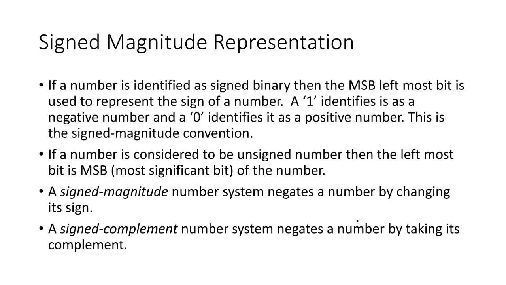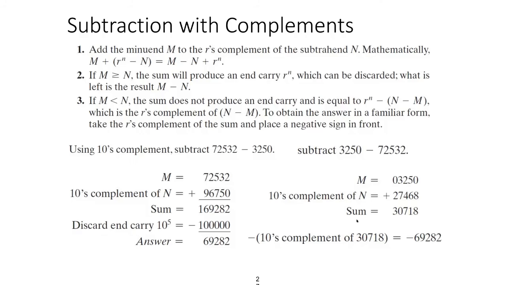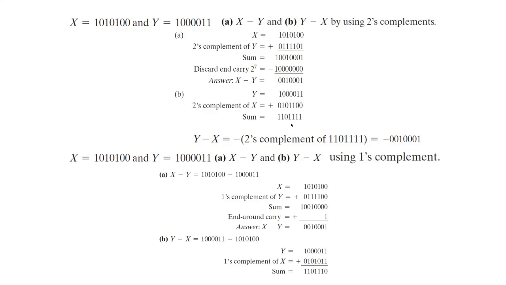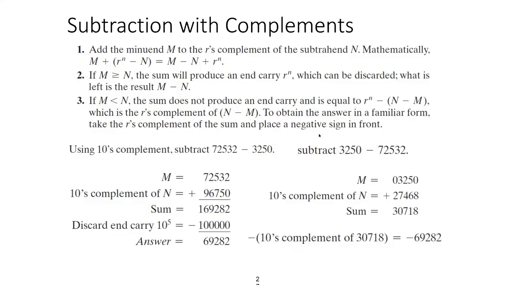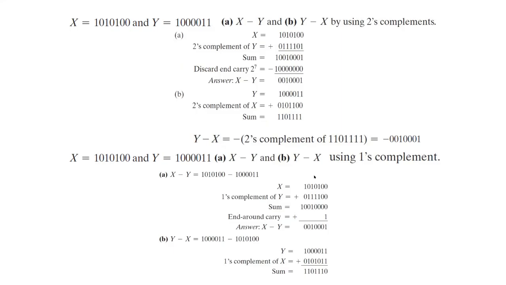And as we previously did, here's an example with tens complement. If you wanted to do that, you'd come up with the two's complement of that number. Here's a good example: take the two's complement of a number and put a negative sign, and then you actually see the number that you would be more familiar with.